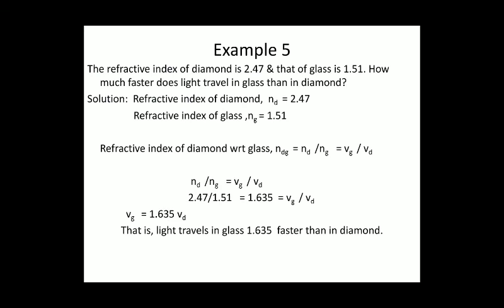Example 5. The refractive index of diamond is 2.47 and that of glass is 1.51. How much faster does light travel in glass than in diamond? Again, the absolute refractive index of diamond is 2.47 and the absolute refractive index of glass is 1.51.